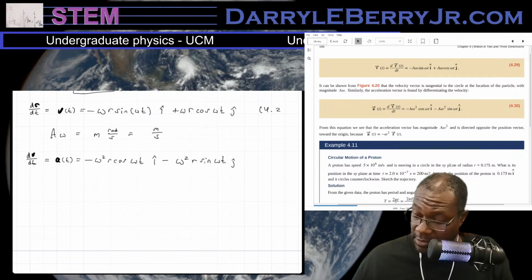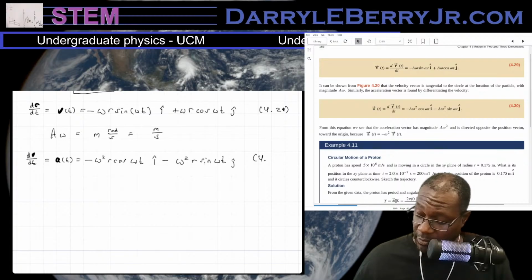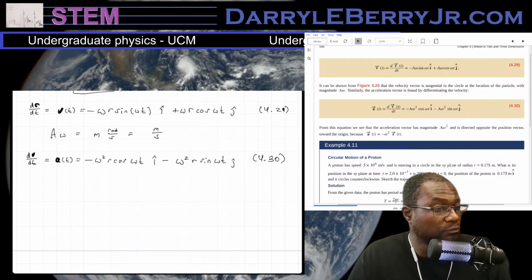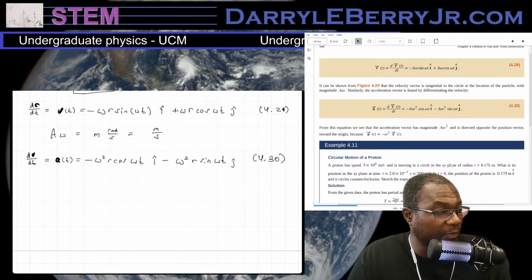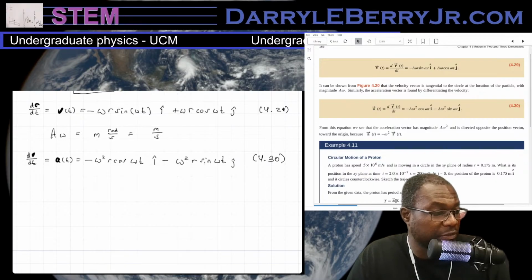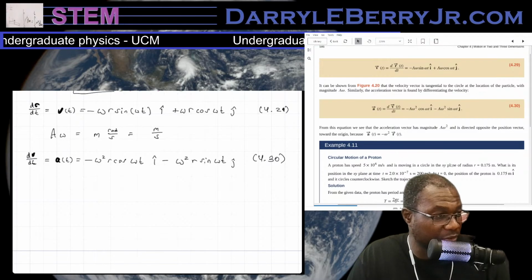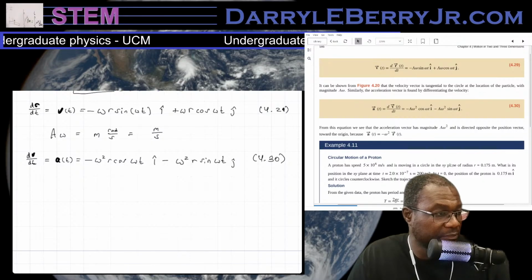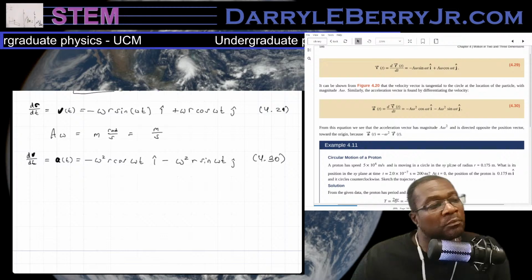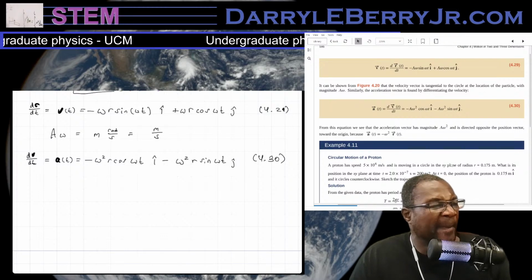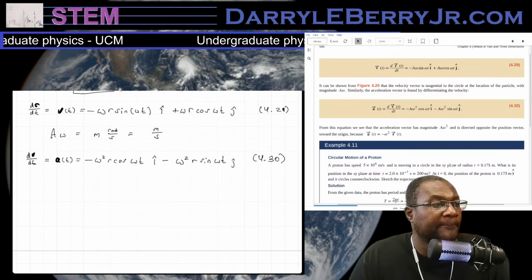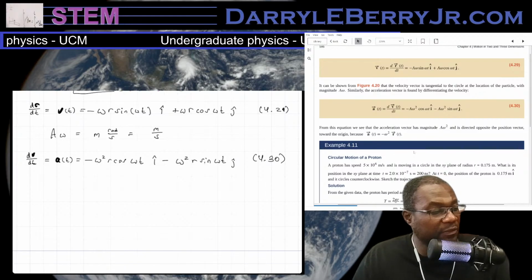This is 4.29, 4.30. In this equation, we see that the acceleration vector has a magnitude r omega squared, and it's directed opposite the position vector. Let's look at figure 4.20.